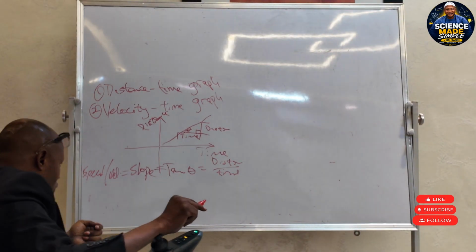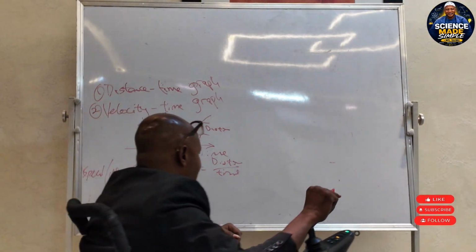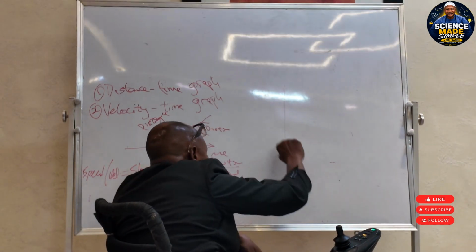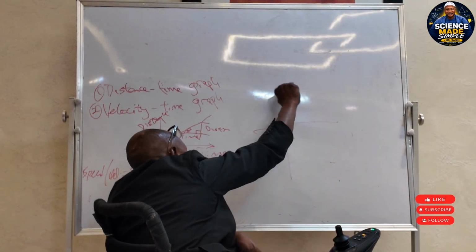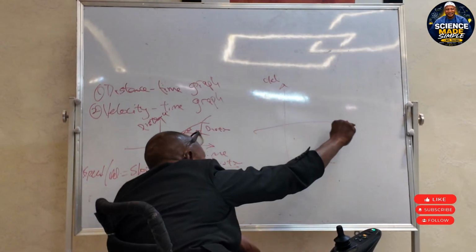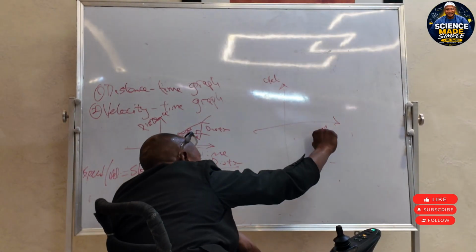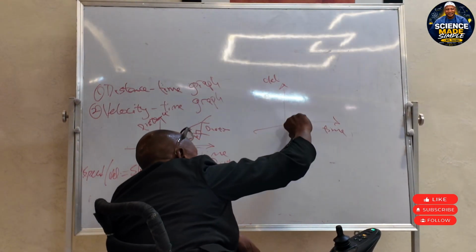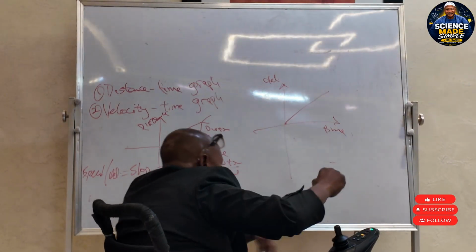The same thing applies to the velocity time graph. We have velocity on this axis and time on this axis.